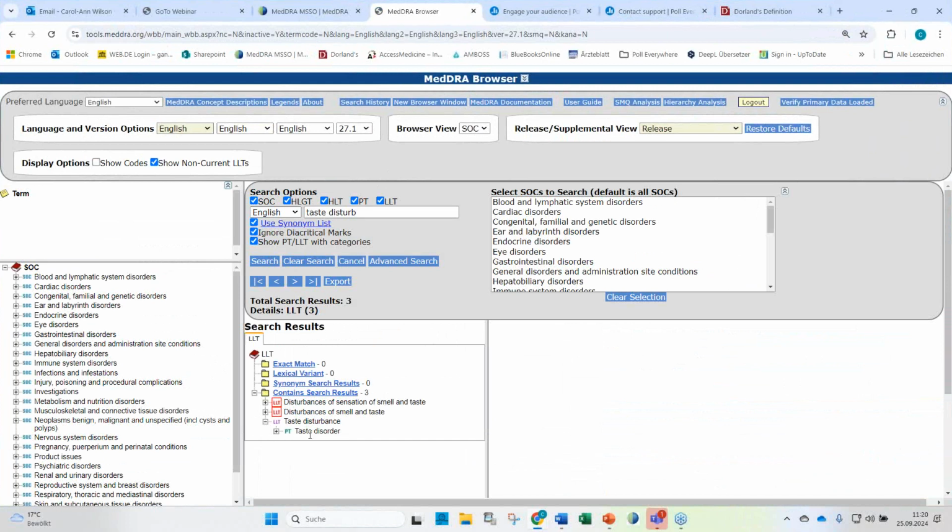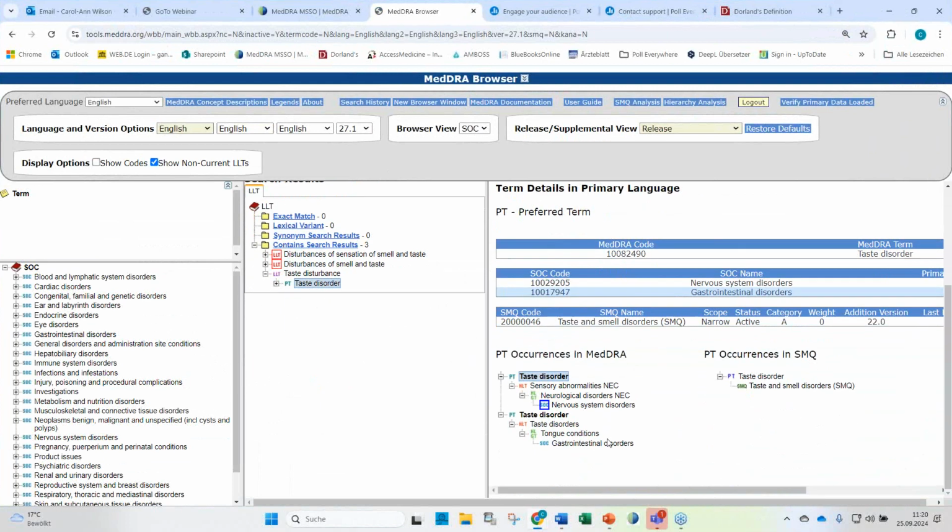Here we are, and it's grouped here under SOC nervous system disorders and has a secondary link to gastrointestinal disorders. But it's not suitable because our patient should not experience any taste sensation. He or she is not eating or drinking something, but just hearing music and then tasting something.